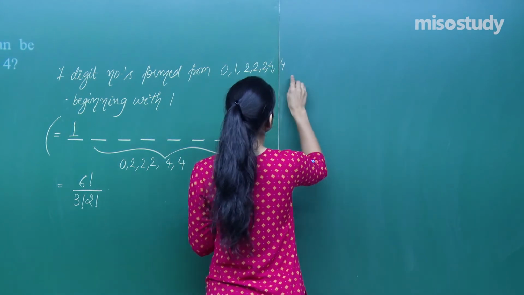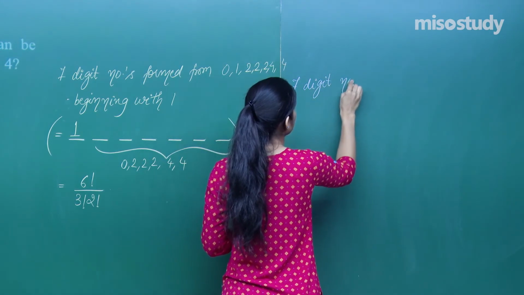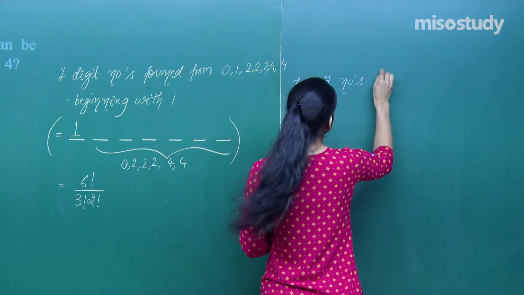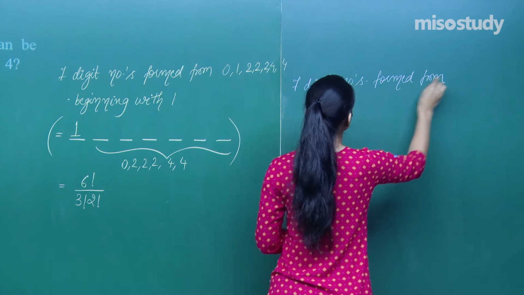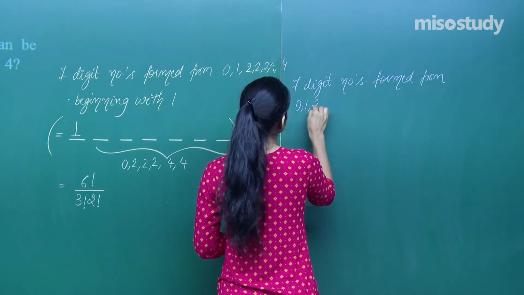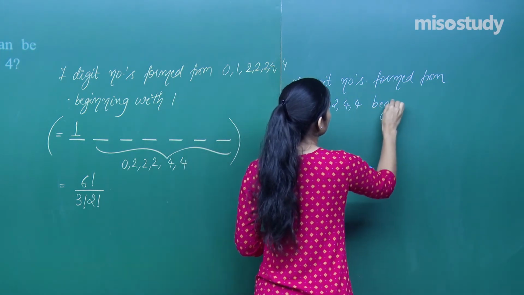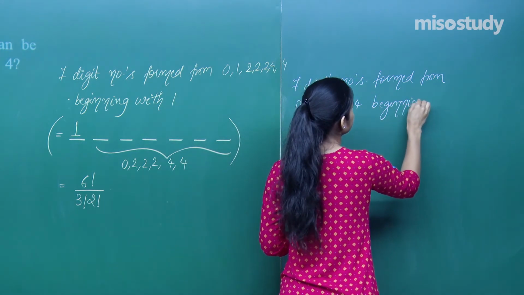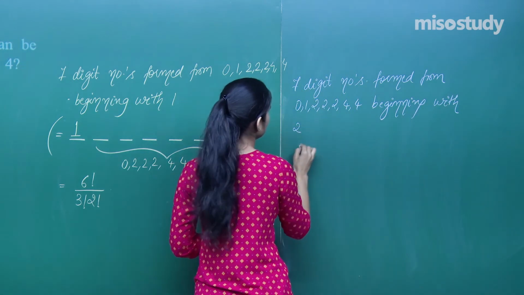7-digit numbers again formed from 0, 1, 2, 2, 2, 4, 4 beginning with 2.